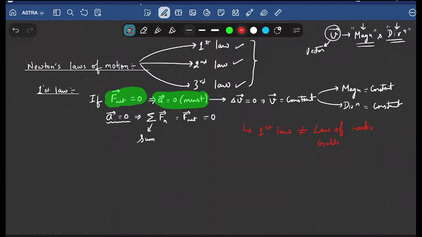Of course, this class is a little bit numerical oriented, so I can't go into detail. But one thing you should understand, these two things are not the same. Many books and many teachers will teach you that the first law and the law of inertia given by Galileo are the same, but they are wrong, right? And even if you argue with them, they will start bothering you.